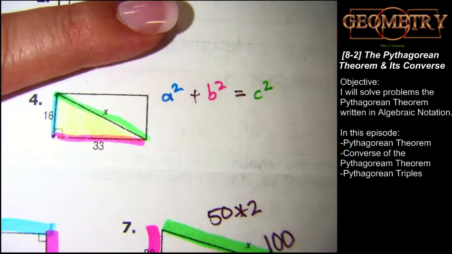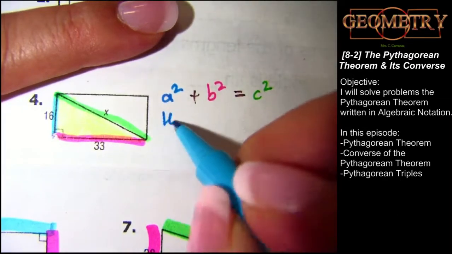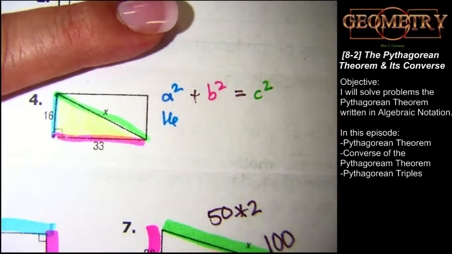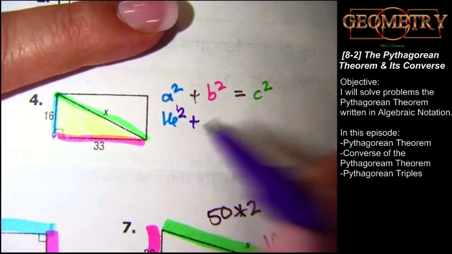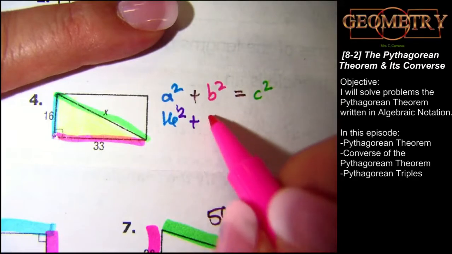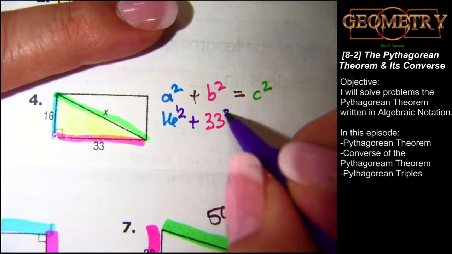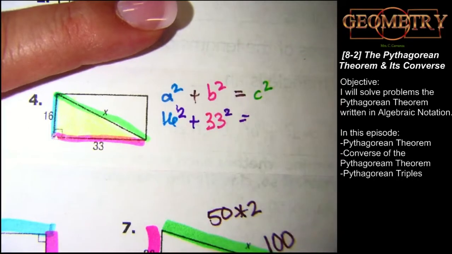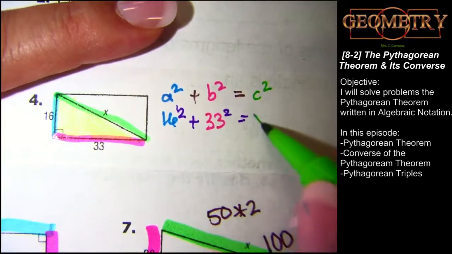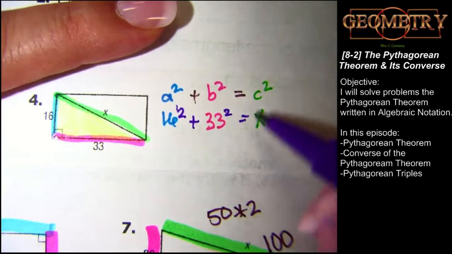Substituting, a was 16, so 16 squared plus, I marked b as 33, so that's 33 squared, and that should equal c, which I was given as x, and that's squared.